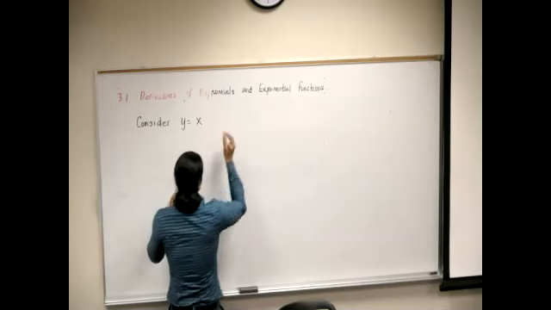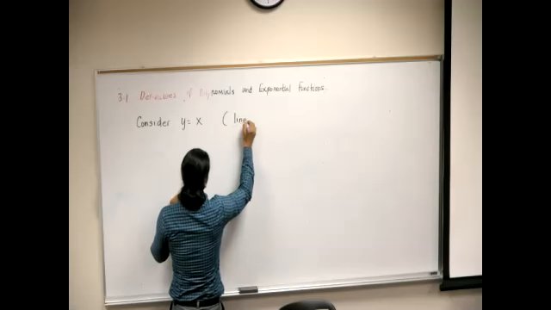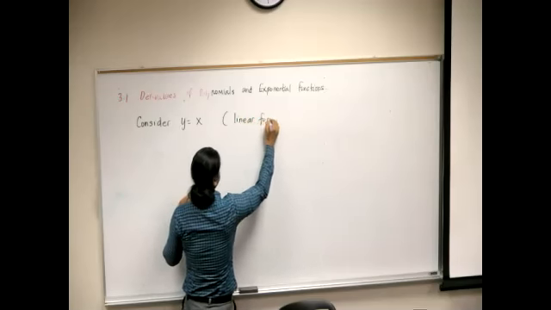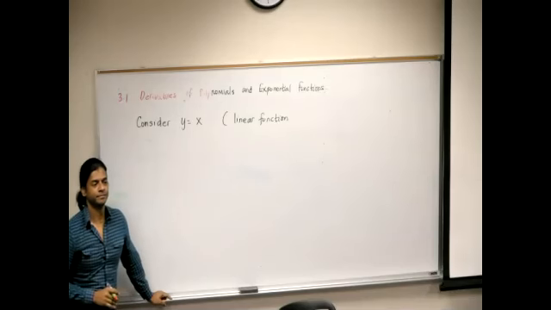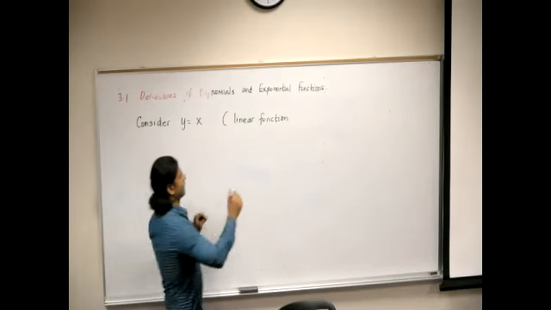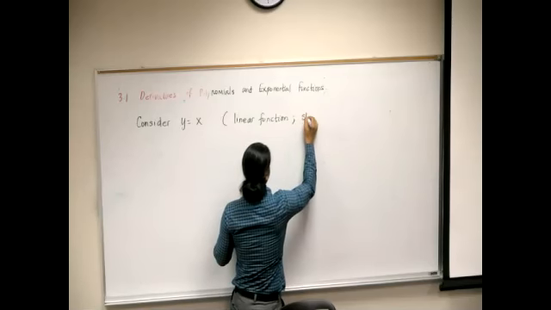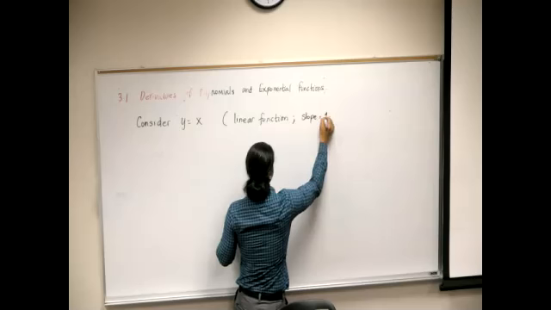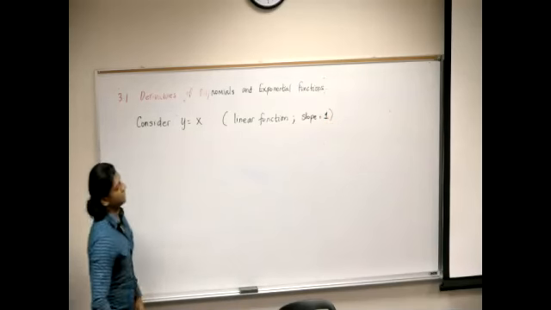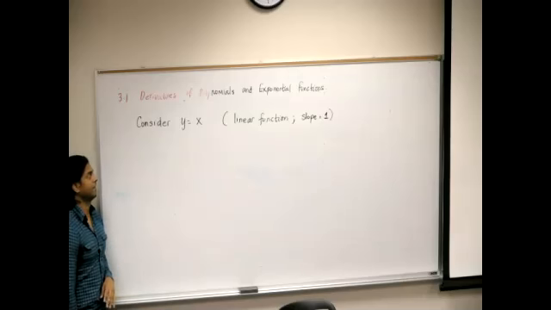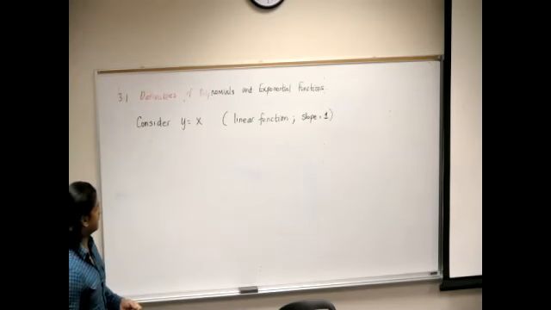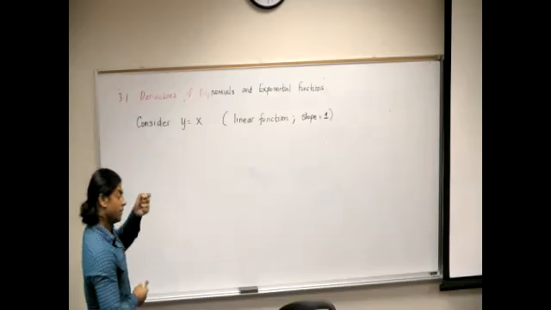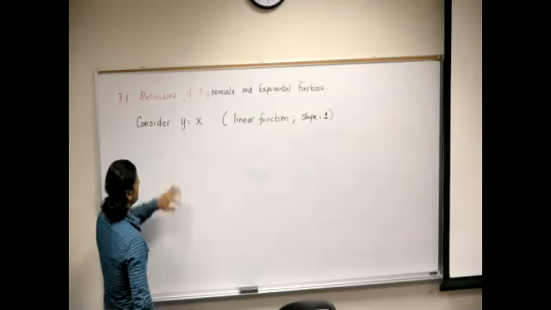And do we know its slope? Yes, which is 1 over 1, 1 rise, 1 run. The slope is 1, so for every unit increase in x, y changes by 1 unit also.